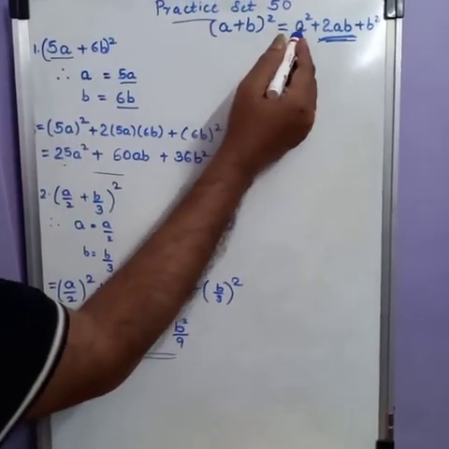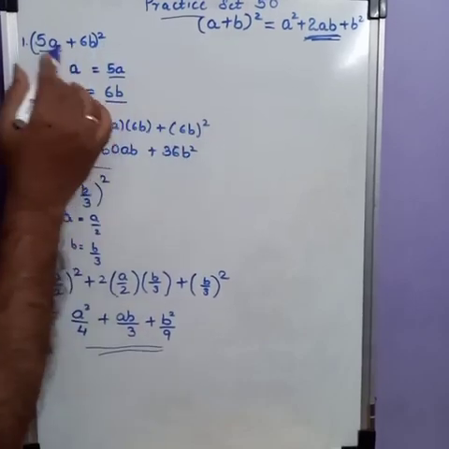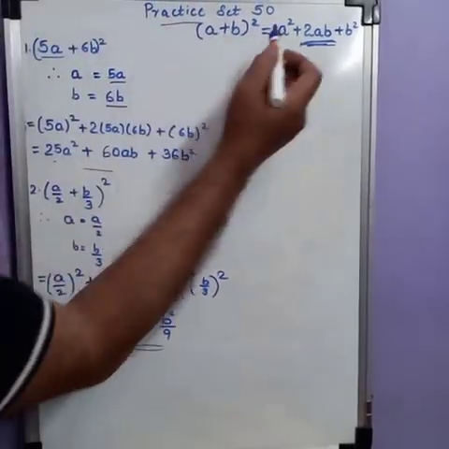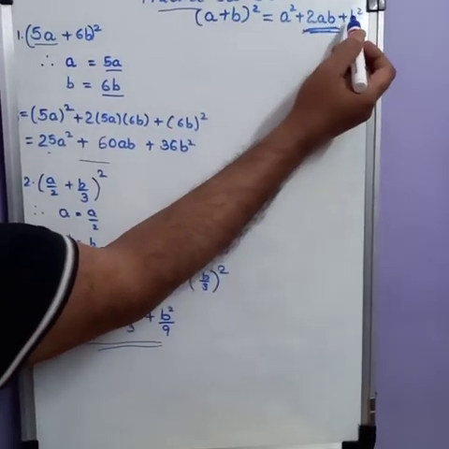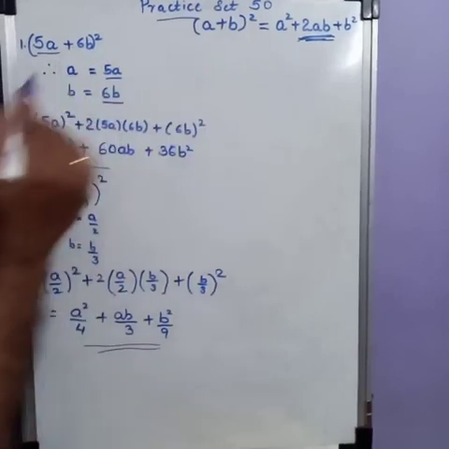Here in place of a we are going to consider 5a. In place of b we are going to consider 6b. So what's the formula? A square plus 2ab plus b square. In this we are going to substitute 5a and 6b.